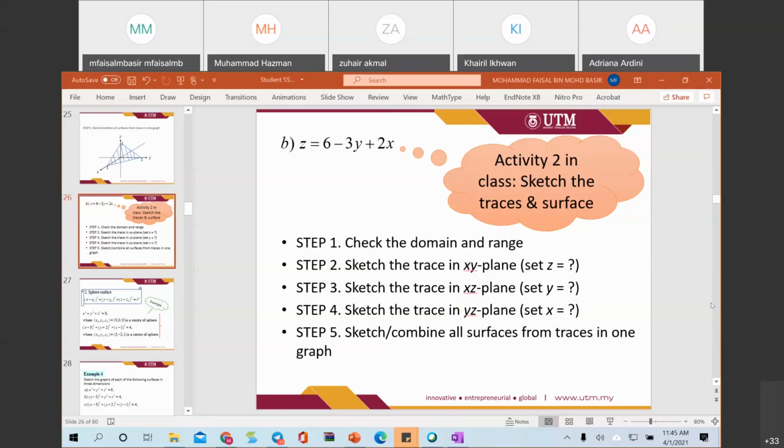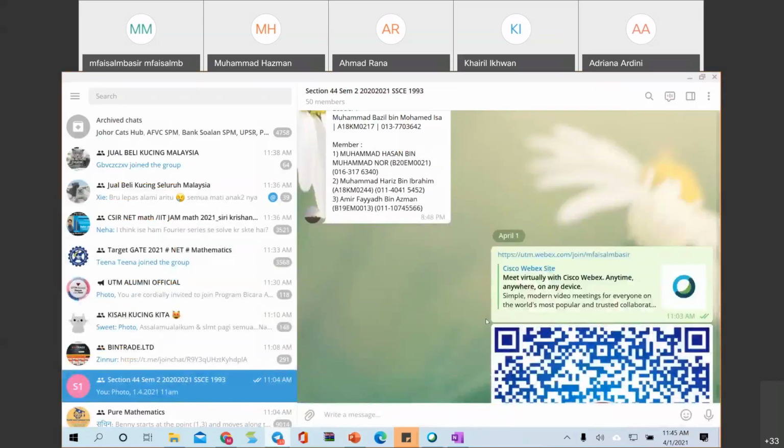Okay. So Ahmad, Rana, are you there? Yes, doctor, I am here. So try to sketch this plane. Can you? Sure, I'll try. Then upload it in our Telegram.